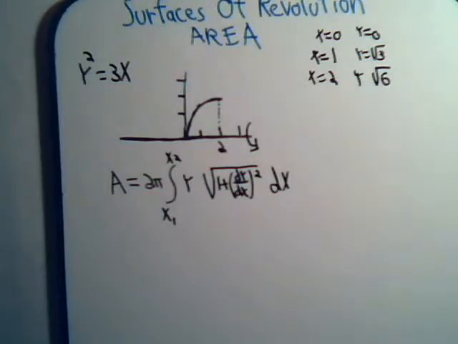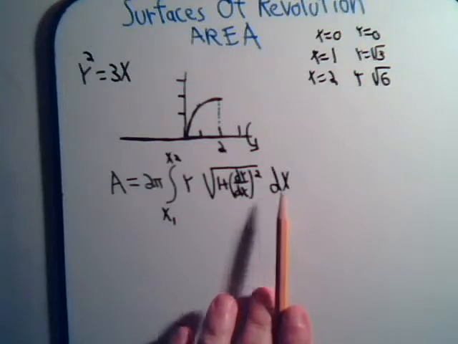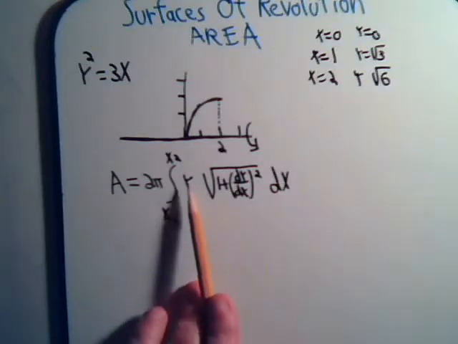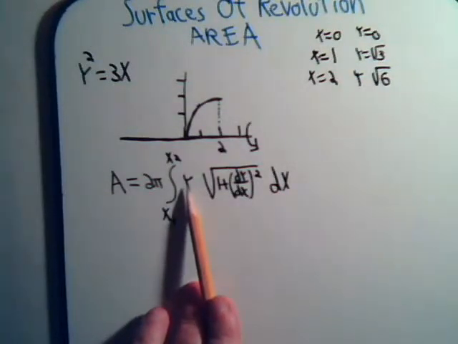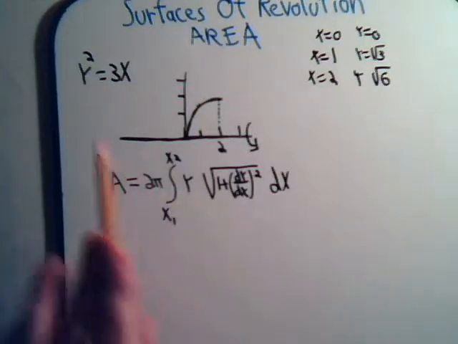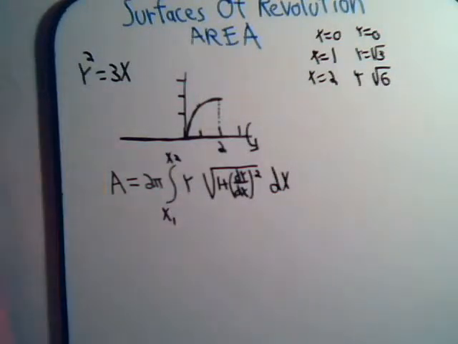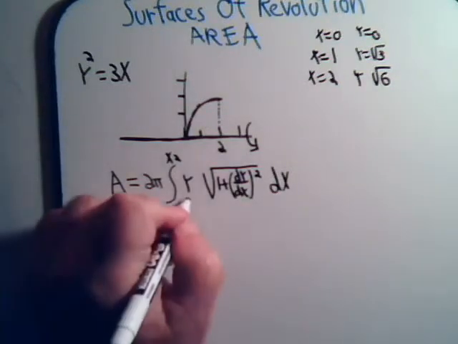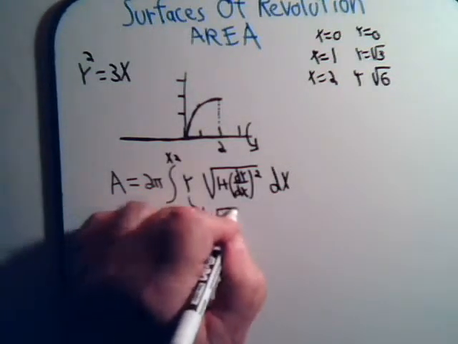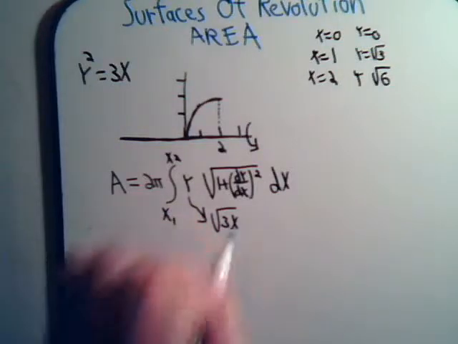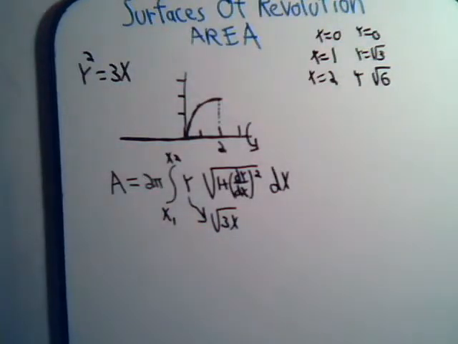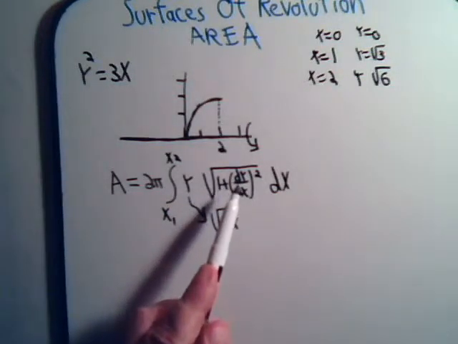Okay, now one thing we have to keep in mind: we're integrating with respect to dx. So when we have the y value inside the integral, we have to express y as a function of x, and that's no problem. The y here is just going to be the square root of 3x. And we need to find out what dy dx is.